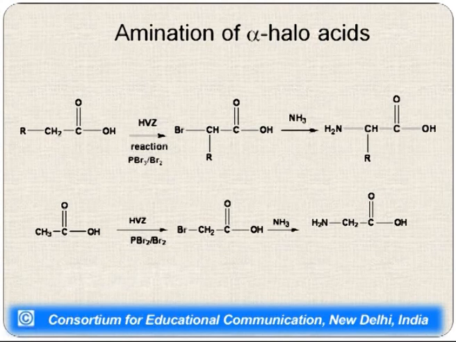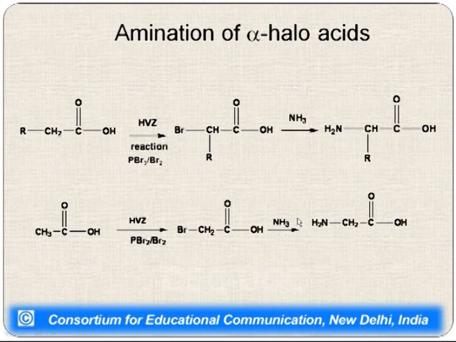Otherwise, if the bromo acid is in excess, then what would happen? This alanine or glycine molecule or any other amino acid which is formed may again react with the bromo acid available. So I would have a secondary amine here rather than NH2CH2COOH.